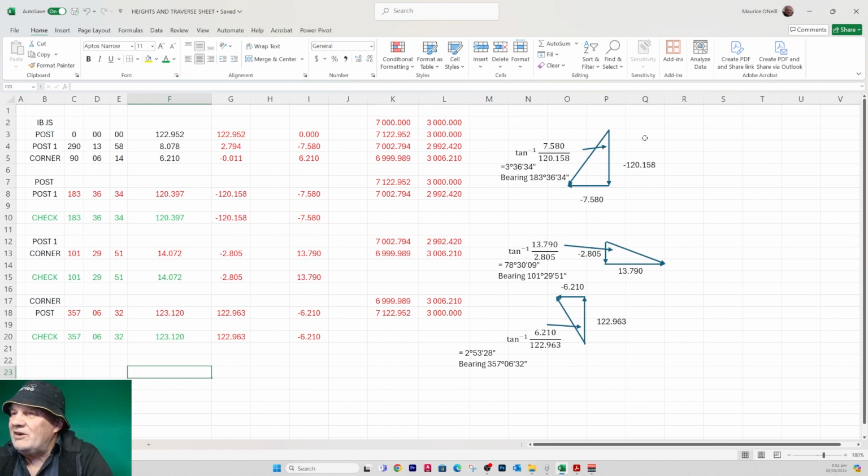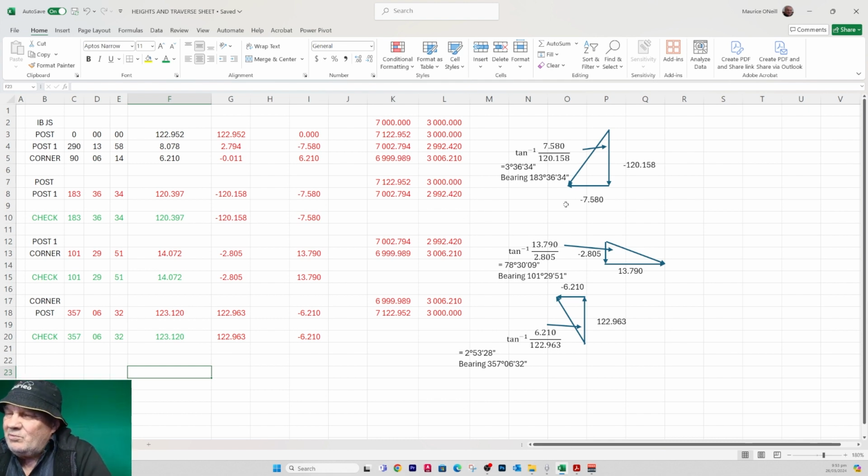It's tan to the negative 1, opposite over adjacent. Don't worry about the signs, we just keep them all positive. So that's 7.58 over 120.58. Now I've done this on my calculator. I can do it in Excel, but it's quite tricky because we have to convert from radians to degrees and then to degrees, minutes and seconds.